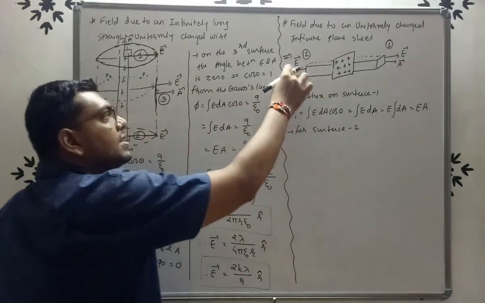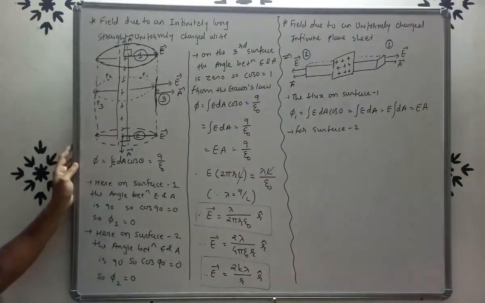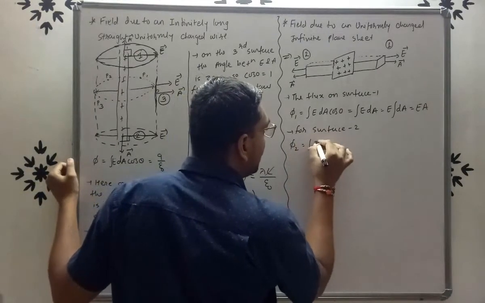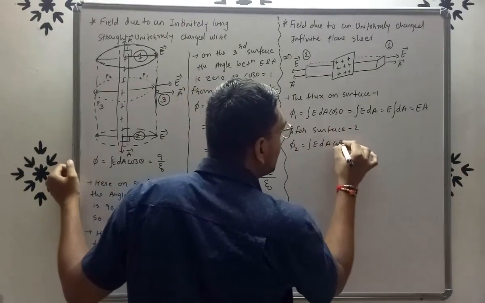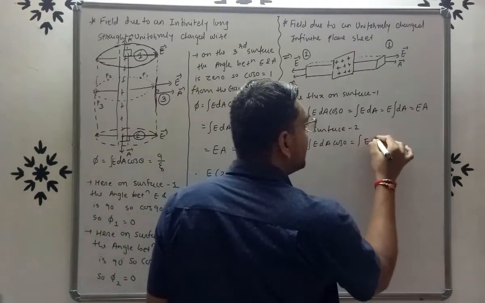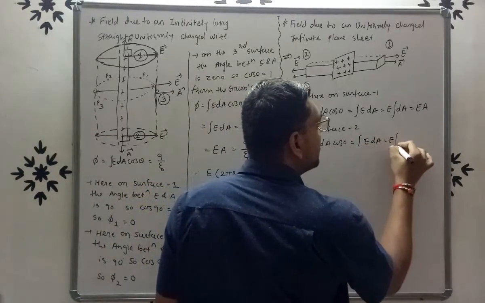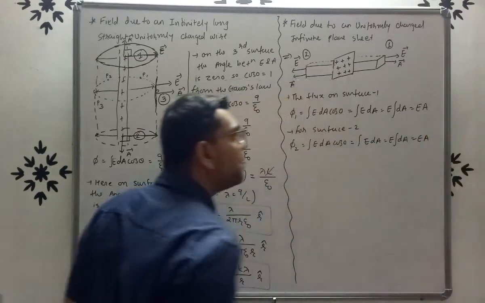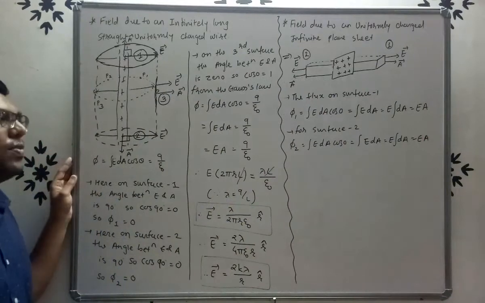Now for surface 2, again for this surface the direction of electric field and area vector are the same. So flux phi 2 is equal to integration E dA cos 0. Again the value of cos 0 is 1, so integration E dA. E is constant, integration dA means total area, so EA. Right?